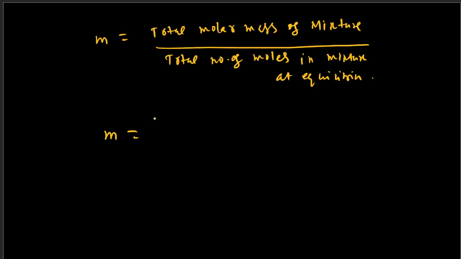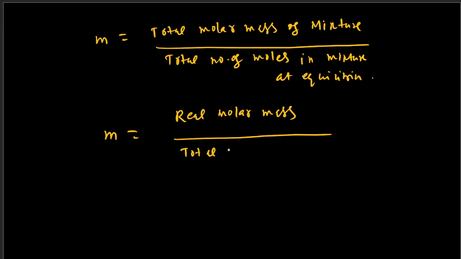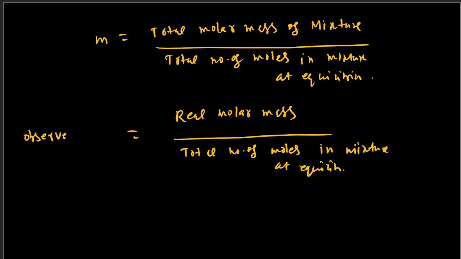So M, that is the real molar mass, divided by the total number of moles in the mixture at equilibrium. So this m is the observed molar mass, and this real mass we can represent as m.